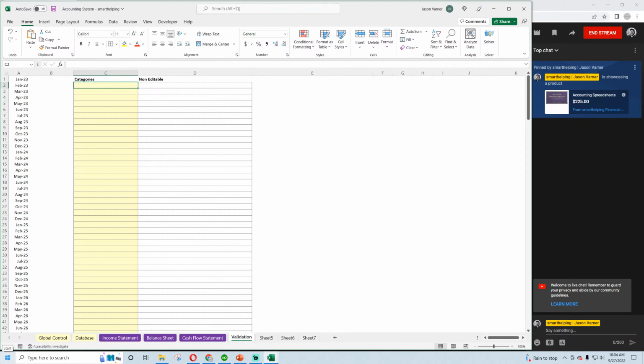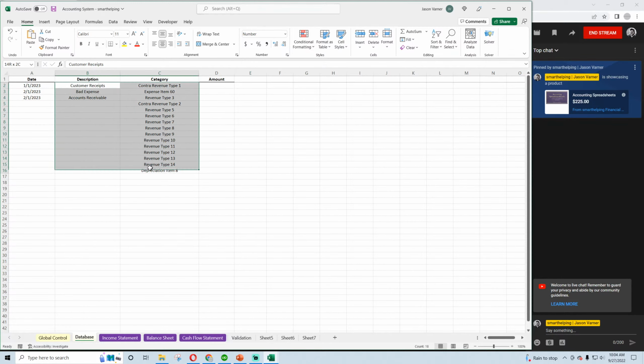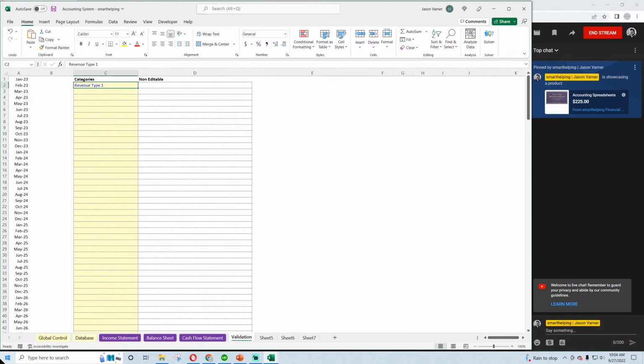Here we go. Revenue type 1. And actually, let me clear this out. Do we even want to call it type 1? I actually just want to call it revenue or sales.